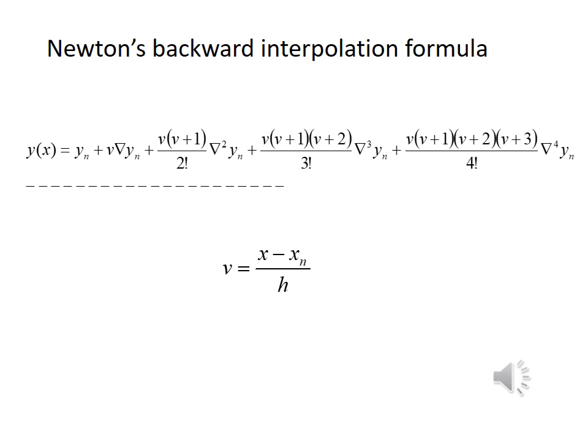So please take care of this formula. Until you get the final differences like del raised to 4 or del raised to 5, etc., you use the coefficients, and when you stop there, you get the answer as in the previous case.